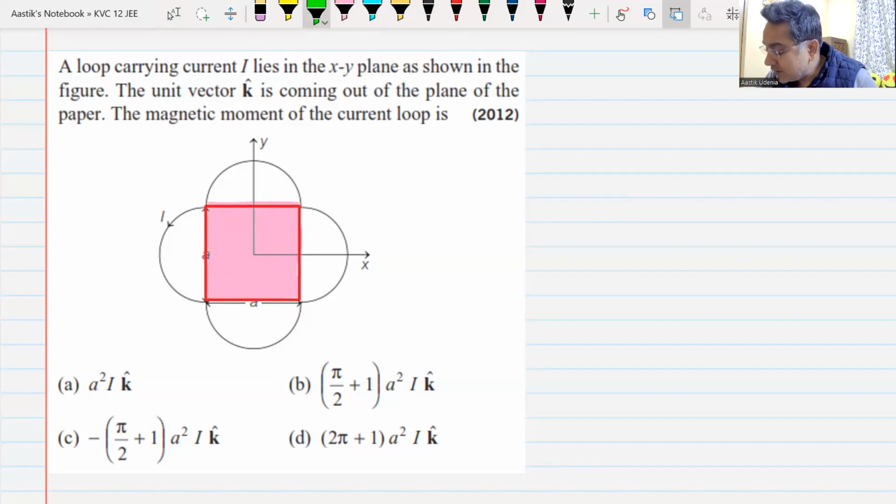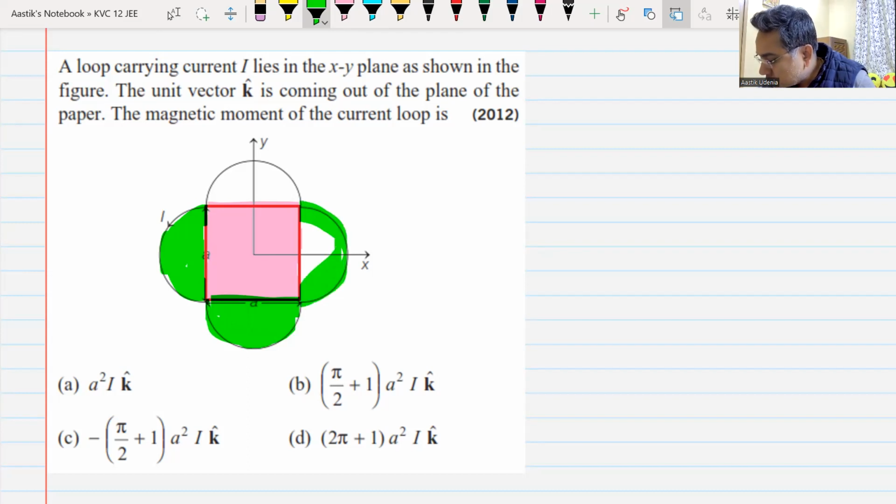And if you add all the green ones together, you will get 2 full circles. You just have to find out the area. You know the direction of current. The direction of current is like this, so it is coming along K.